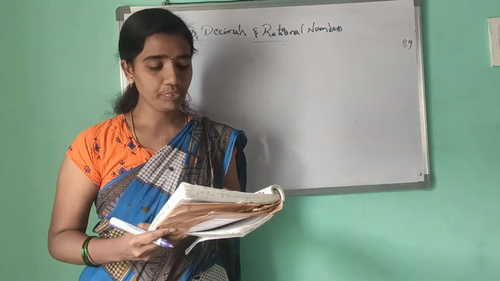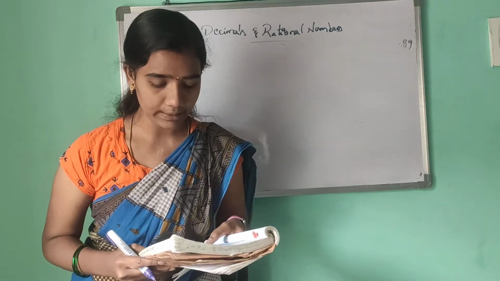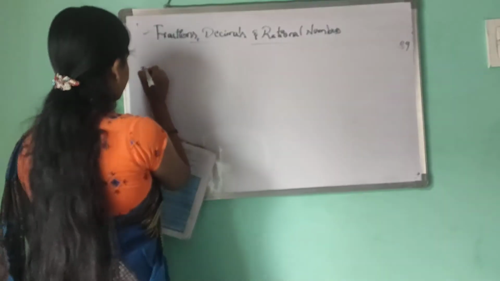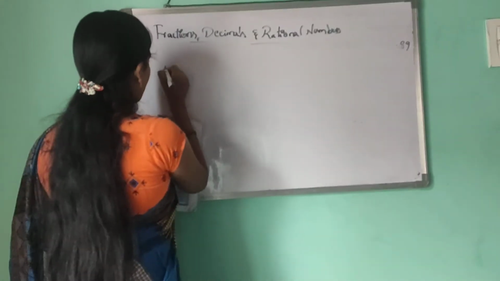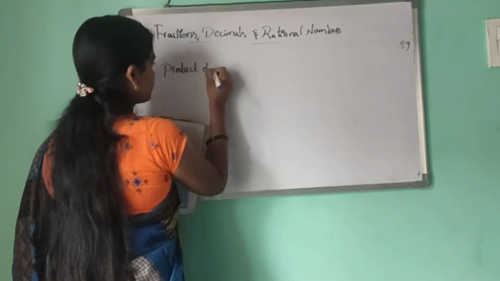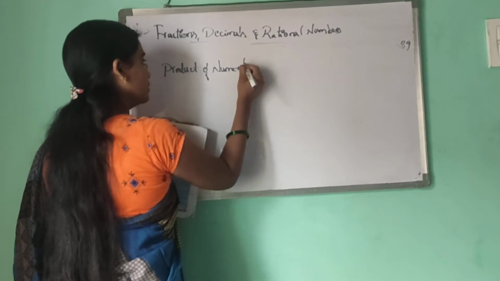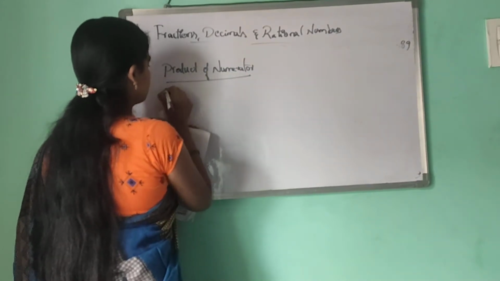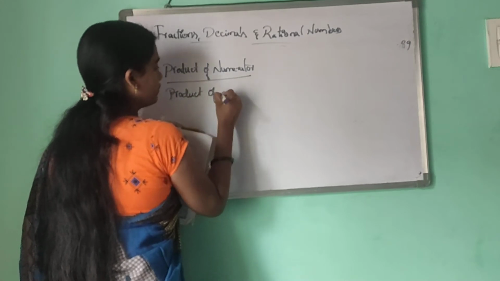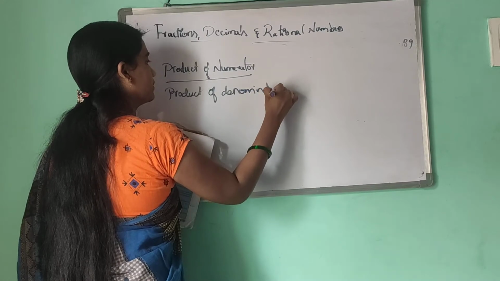Coming to second one, we have also learned how to multiply fractions. How to multiply fractions means product of numerator by product of denominator.